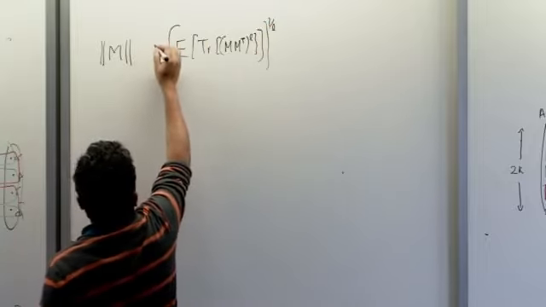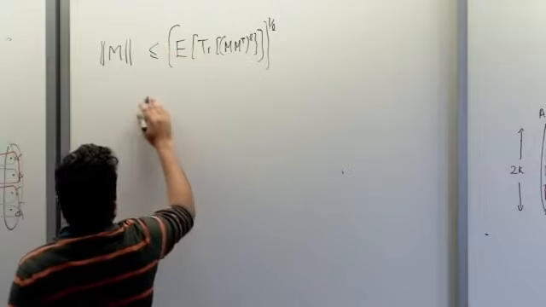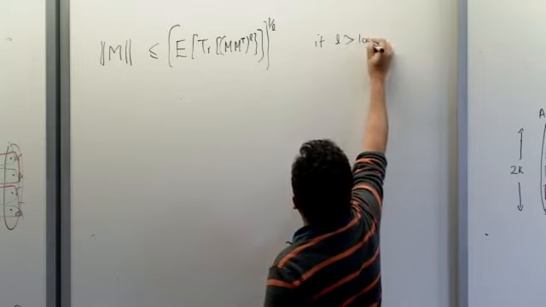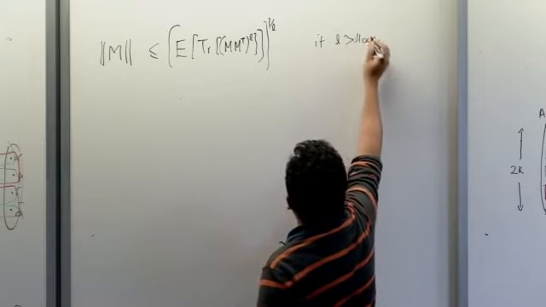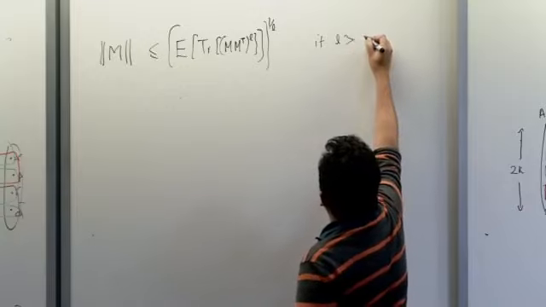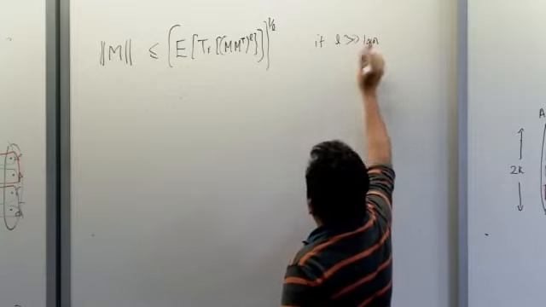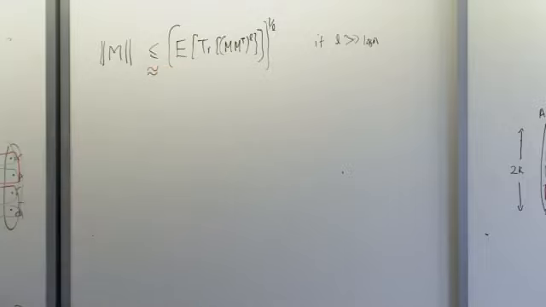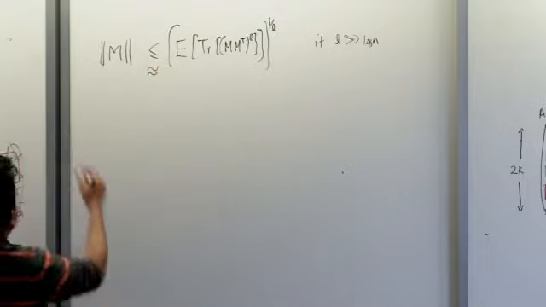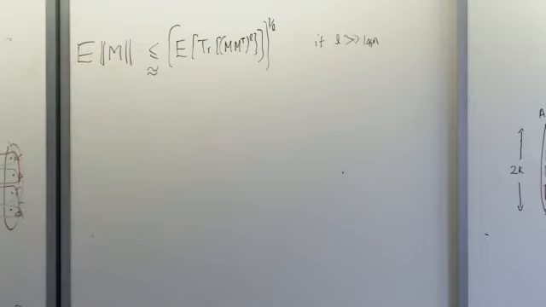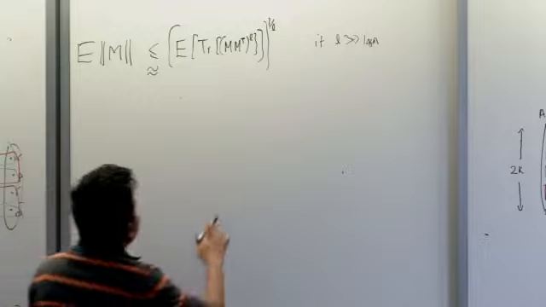So this is definitely upper bounded by this. And if you pick L to be much larger than log n, this is actually an approximate equality. Oh yes, it's 1 over 2L if you put M and M transpose. Yes, thanks.